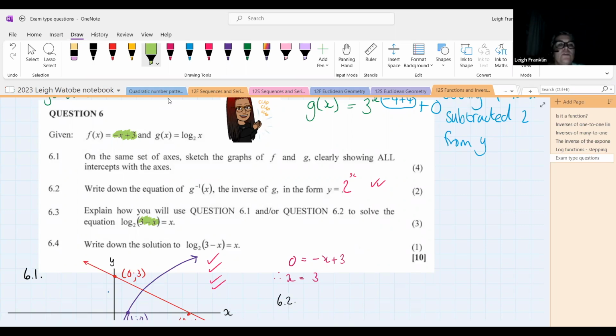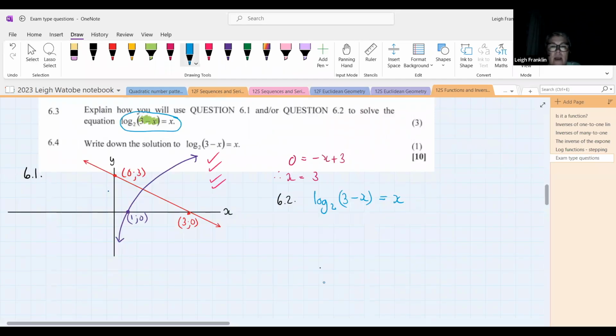The other thing that I want to point out to you is that when something is given to you in log form, think about what that means. It's given to you as log base 2 of 3 minus x equals x. So when something is written this way, it's the log of the base, number, equals the exponent.